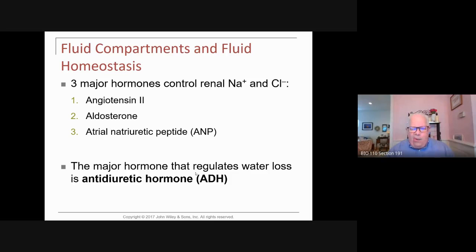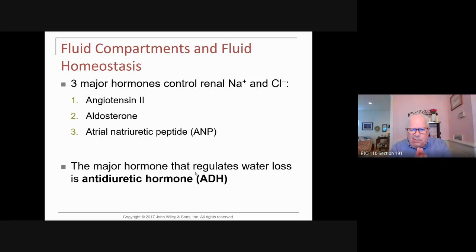ANP is the only hormone in your body that will lower your blood pressure. Atrial natriuretic peptide. It's one of the only hormones. There's only like 3 or 4, which are meaningless hormones.